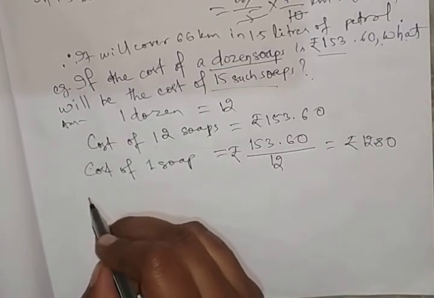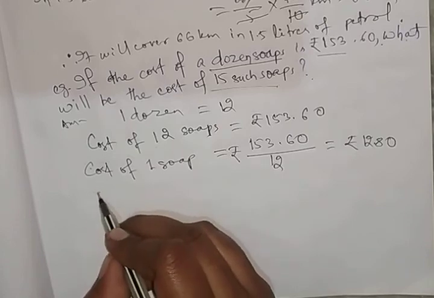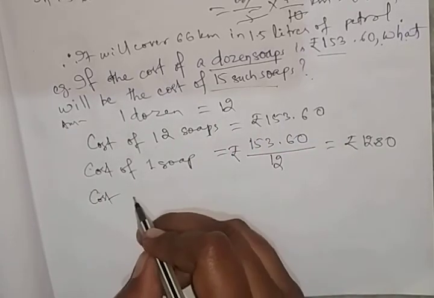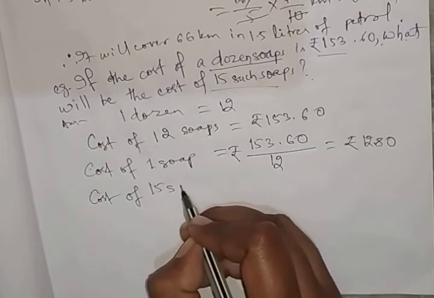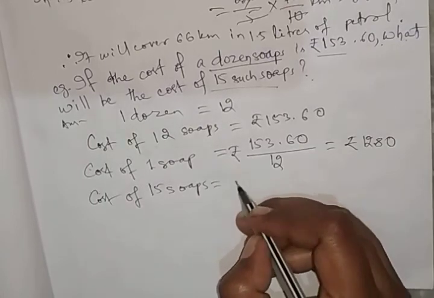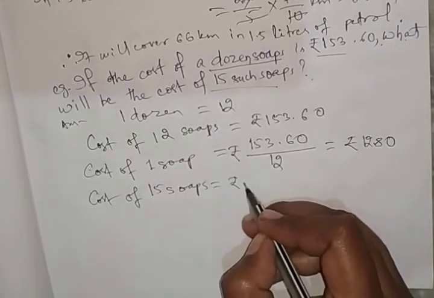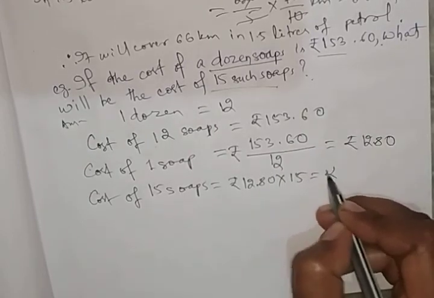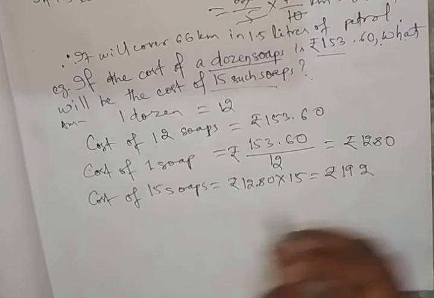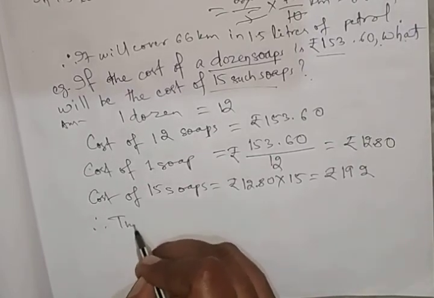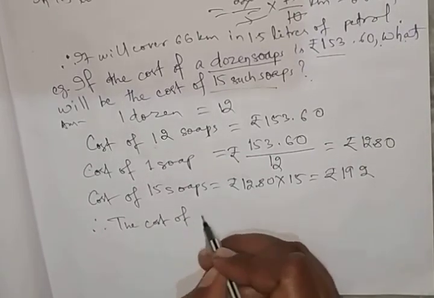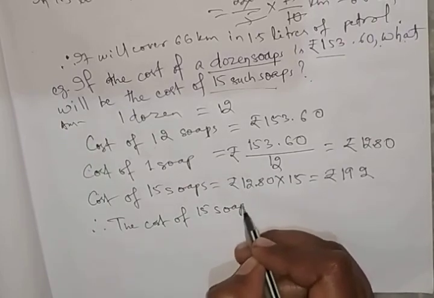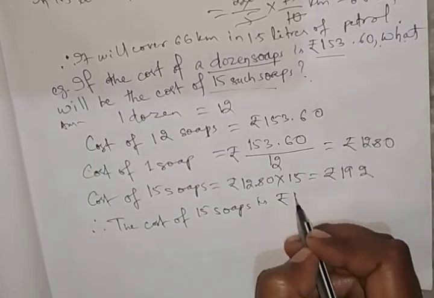Now the cost of 15 soaps equals rupees 12.80 into 15, that is rupees 192. Hence, the cost of 15 soaps is rupees 192.